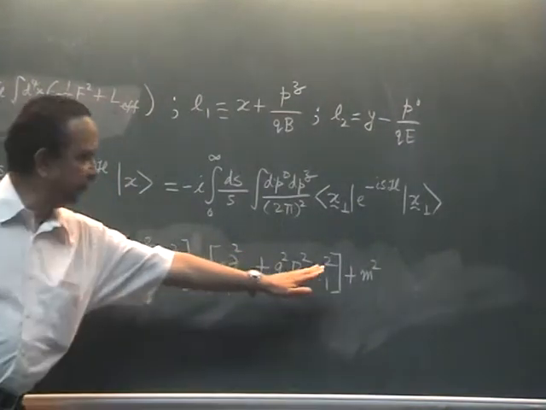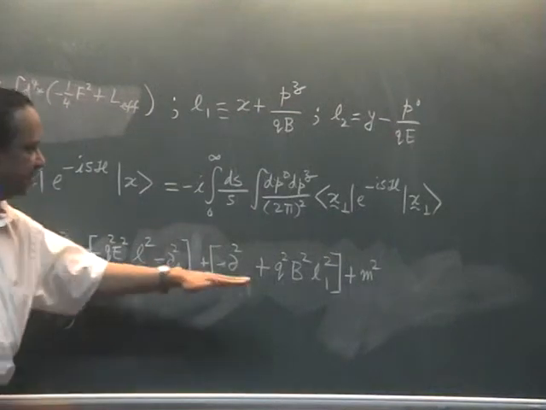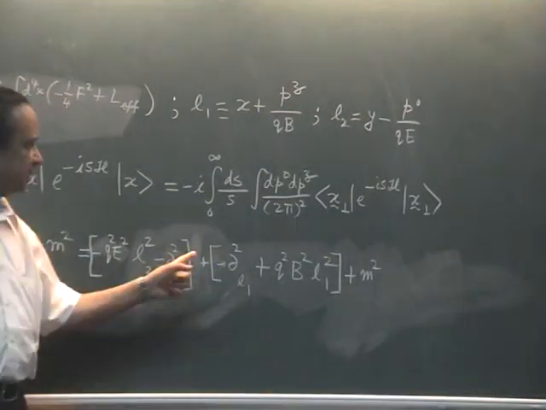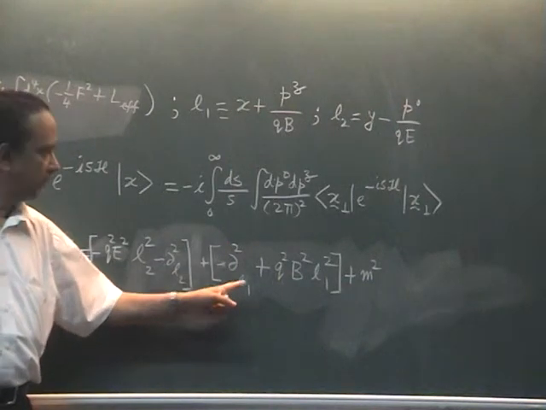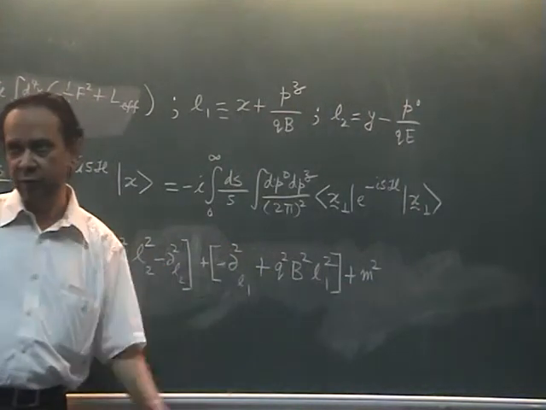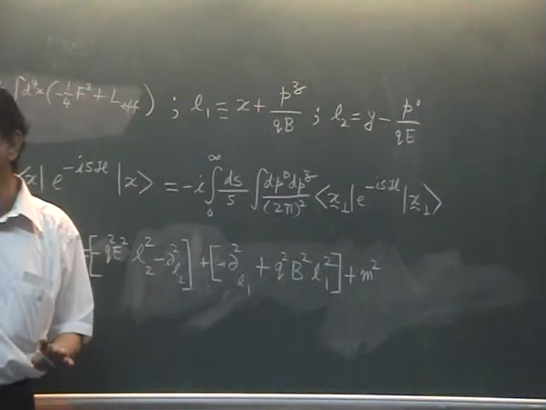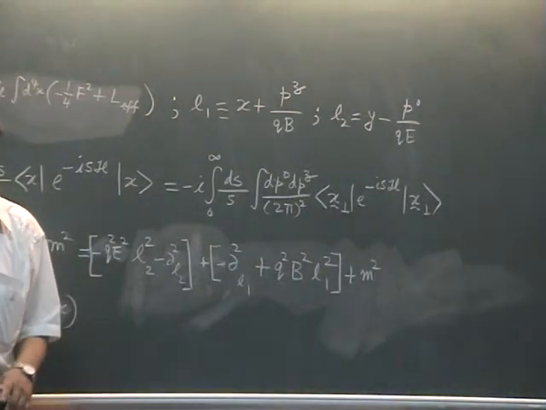So m square we know how to handle. Let us look at this term and this term. This is minus d square by some d L1 square plus q square b square L1 square. This is harmonic oscillator. It is minus del square plus a potential.